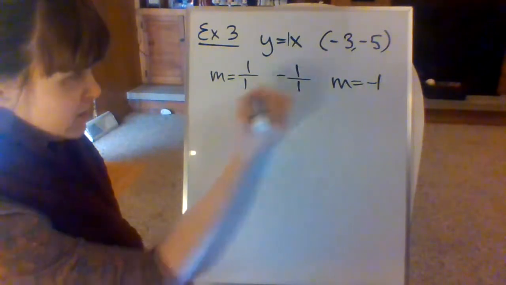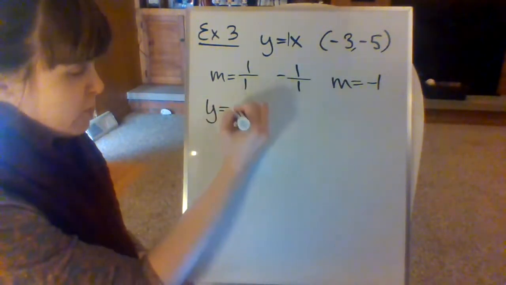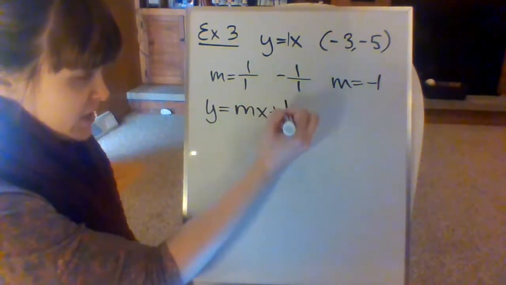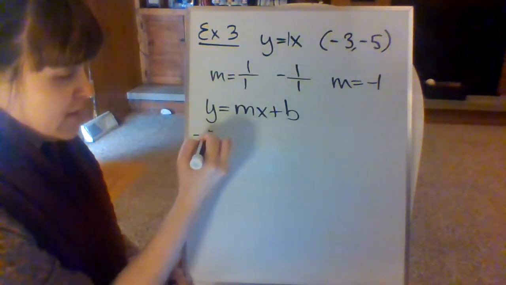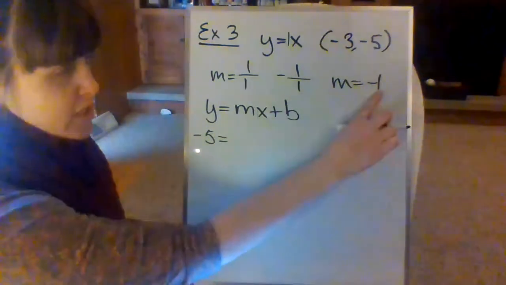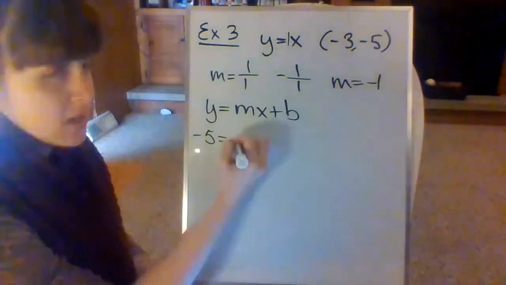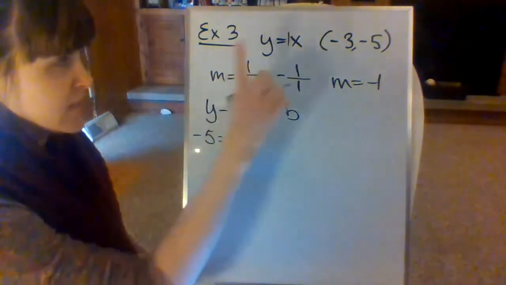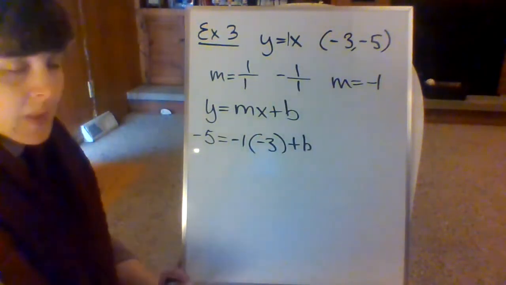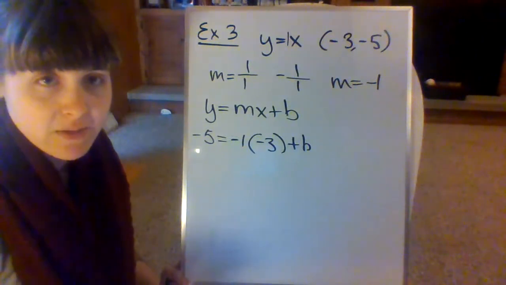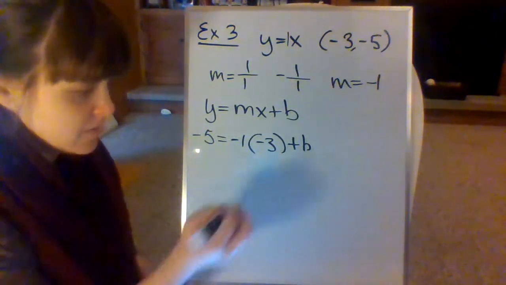Alright, so we're going to start out with our good old pal y equals mx plus b, just like every time. Okay, so y is -5. M, we just established, was -1. X is going to be -3 plus b. So -1 times -3 is 3.